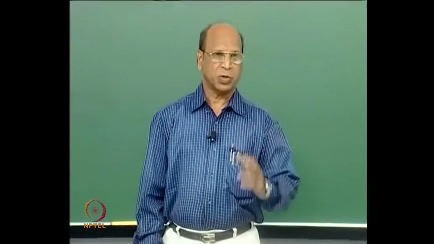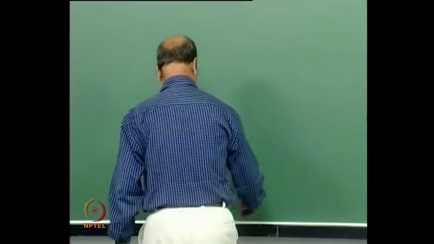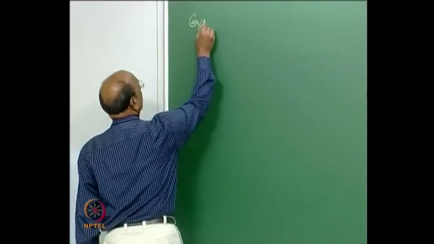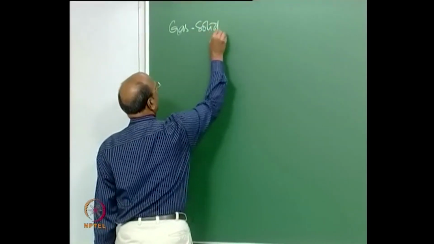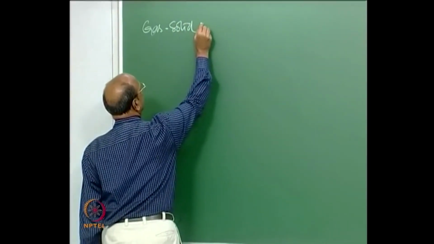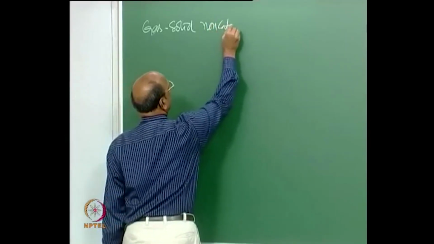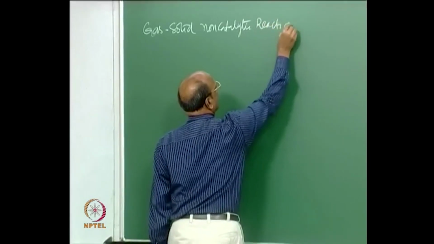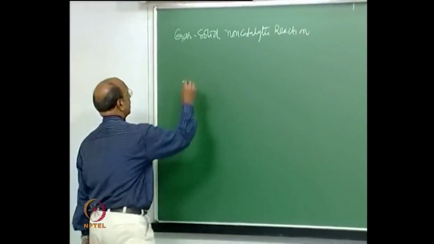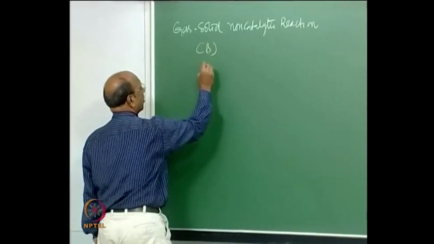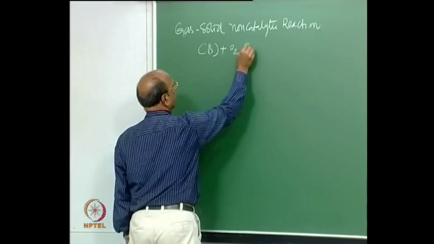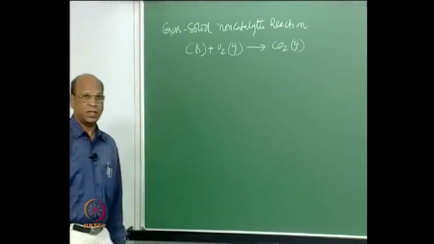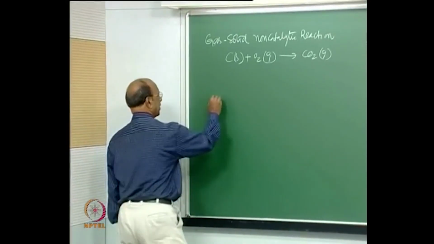Yeah, and various systems also. For example, the first one we discussed was this gas solid non-catalytic reaction. The example which we have taken was carbon solid plus O2 gas giving us CO2 gas, and the model imagination is something like this.